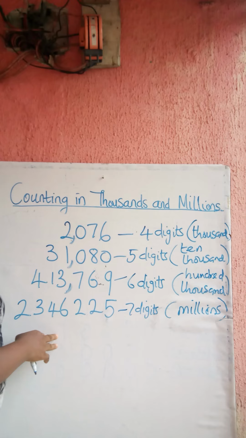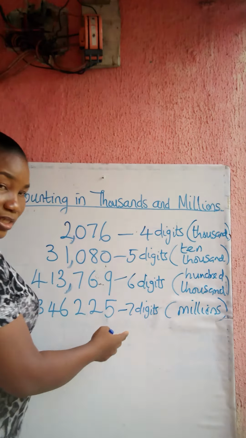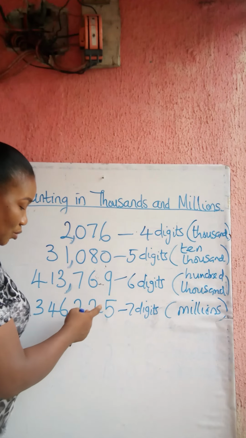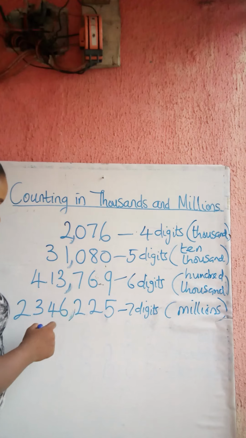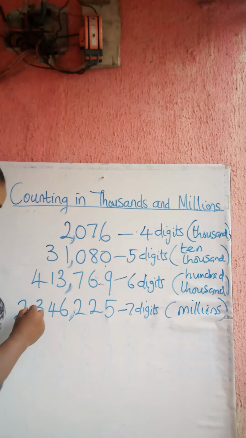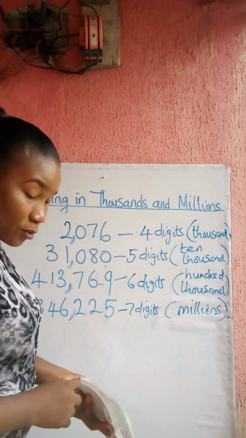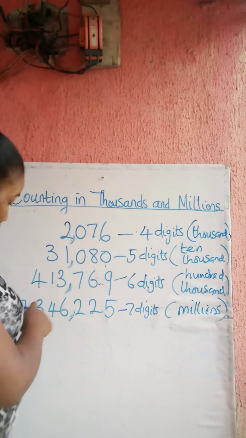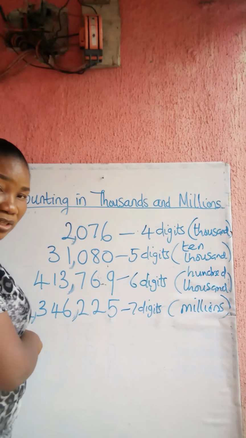Let's go to the final example. We are going to group it beginning from the unit side. Let's group 1, 2, 3. We put our comma to separate it. 1, 2, 3. We put our comma again. So in this fourth example, we are going to read the beginning number first. As you can see, 2 is standing on its own.